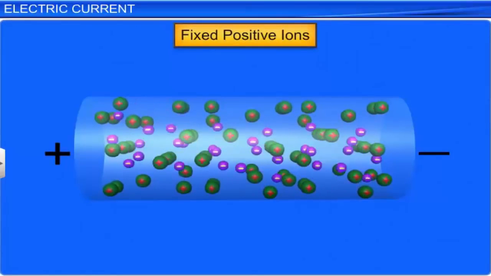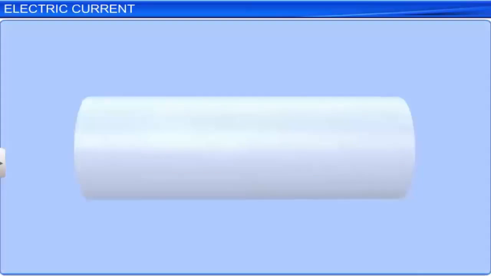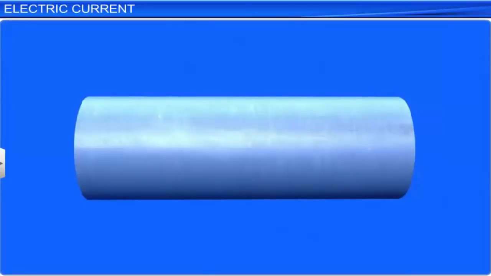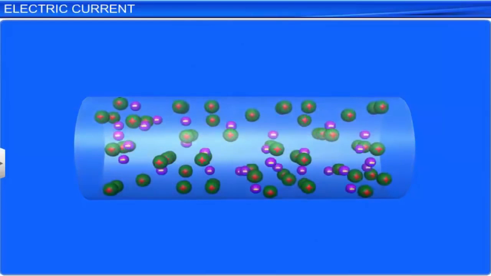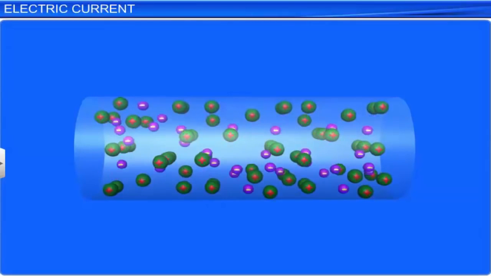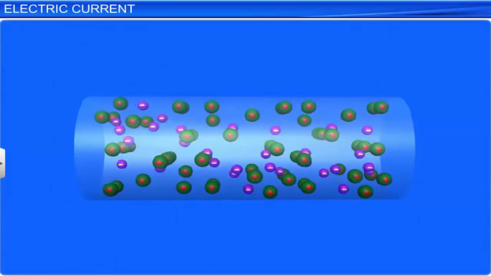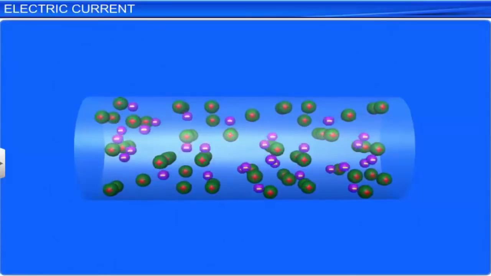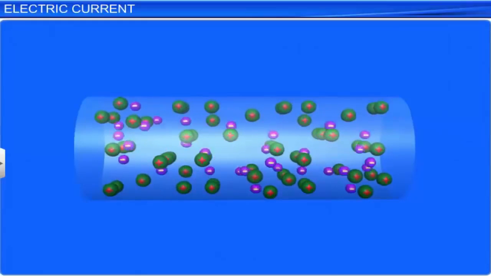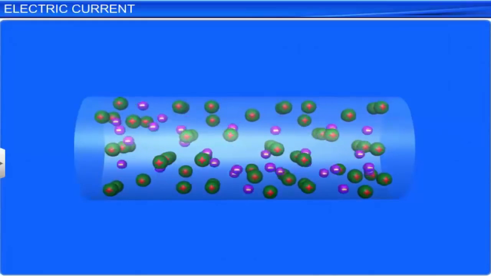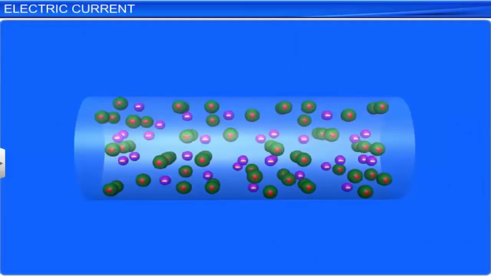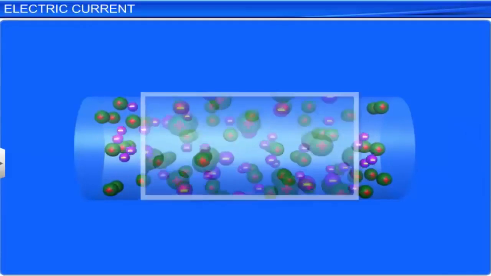Consider a metal object when no electric field is present. Electrons in the object will be moving randomly and colliding with the fixed ions. An electron, after colliding with an ion, gets deflected with the same velocity with which it collides. The direction of velocity of the electron after collision is completely random.